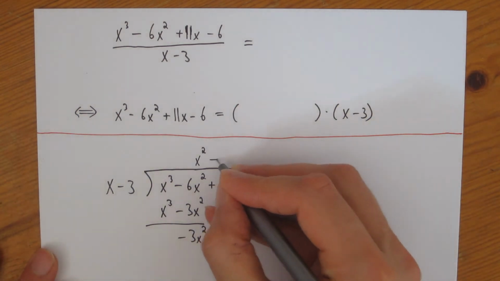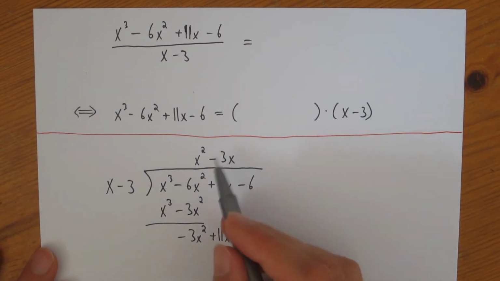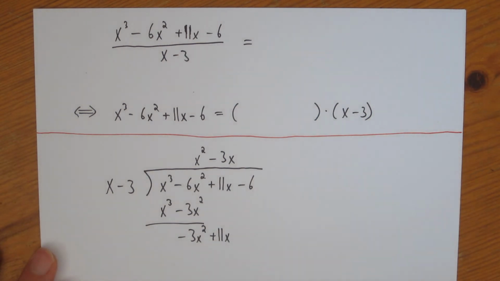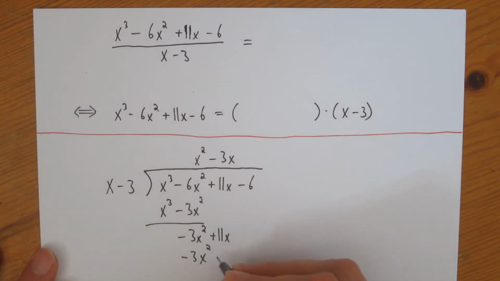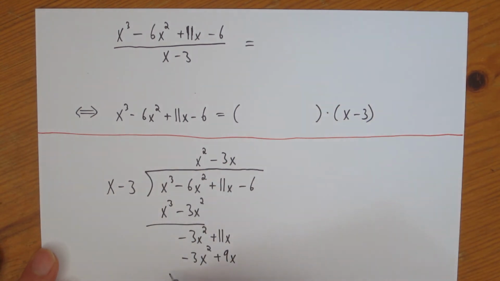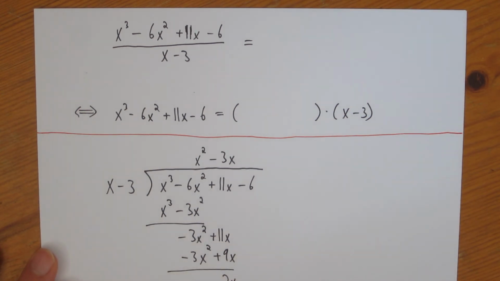The answer is minus 3x times. So we write that up there. And then we take minus 3x times the whole of x minus 3. That becomes minus 3x squared plus 9x. And now we take this stuff minus that stuff, and you get 2x.